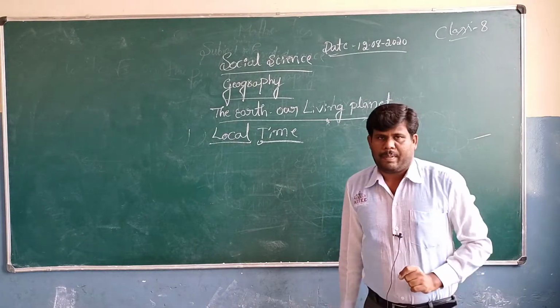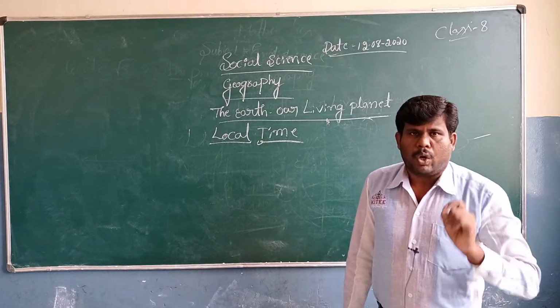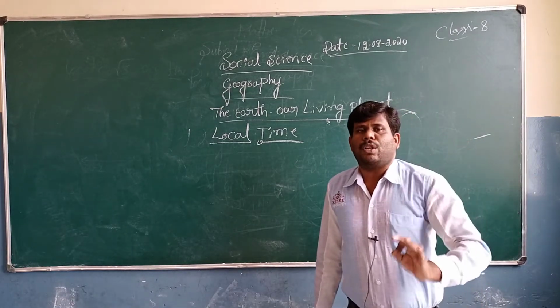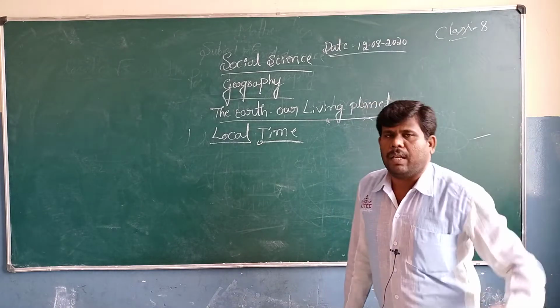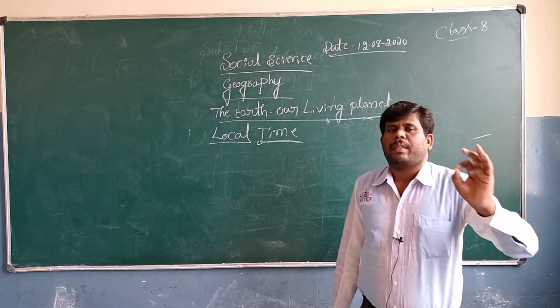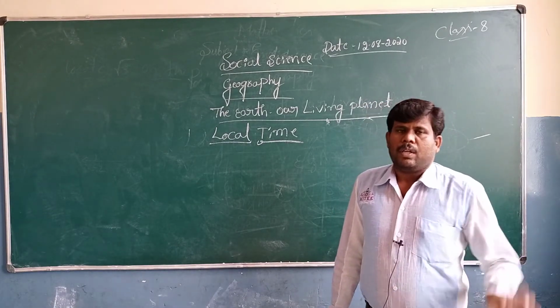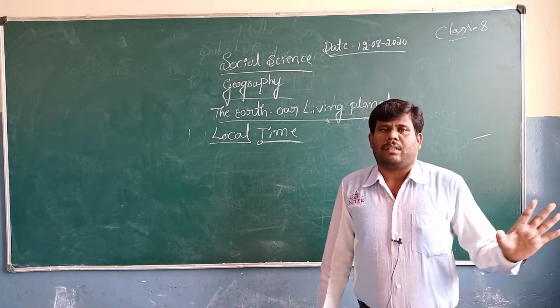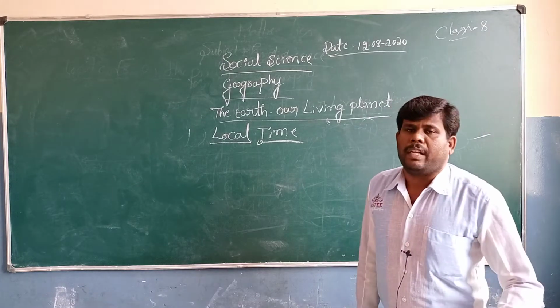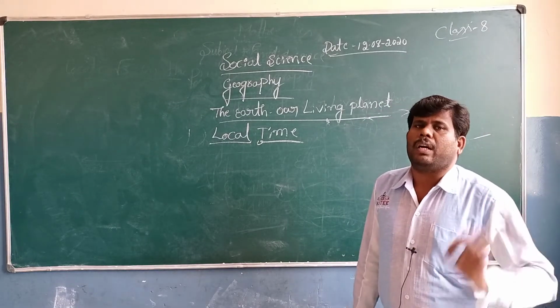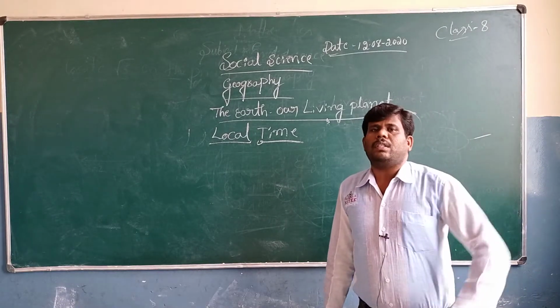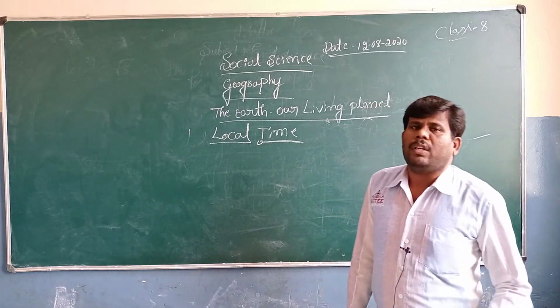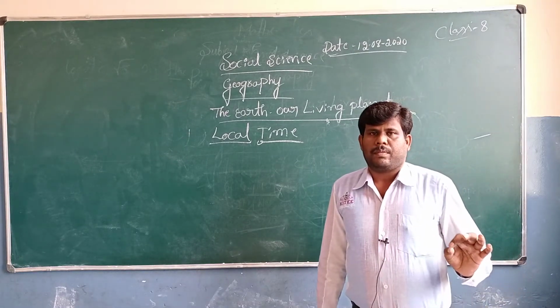Local time. According to the position of the sun at that place is called local time. So this local time is based on the local meridian or local longitude. This makes a confusion in a country.